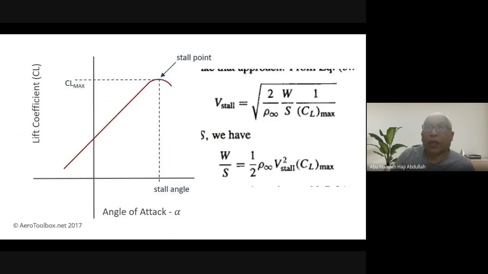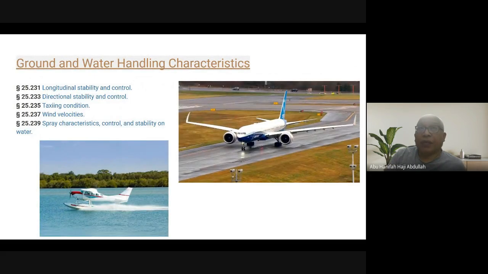Okay. Next one is ground and water handling. You have already discussed air handling, stability and control, but now we also need the aircraft to be stable on the ground.